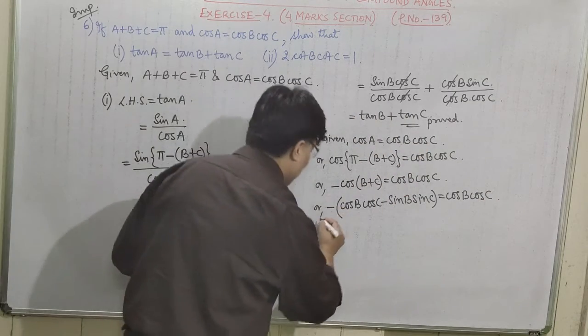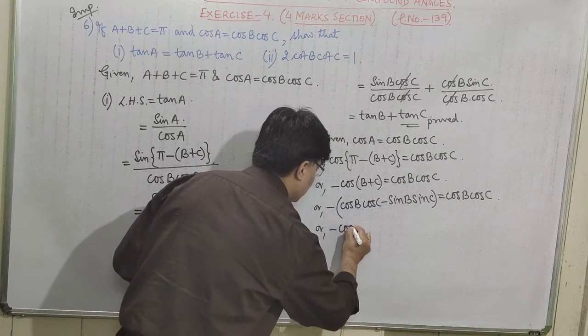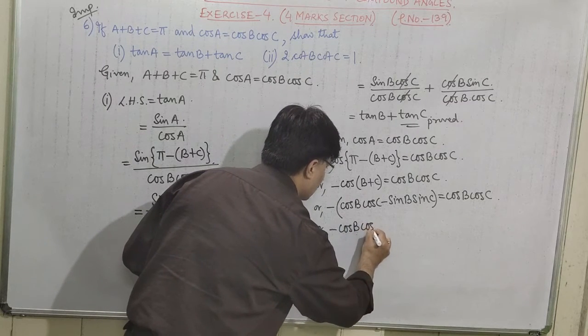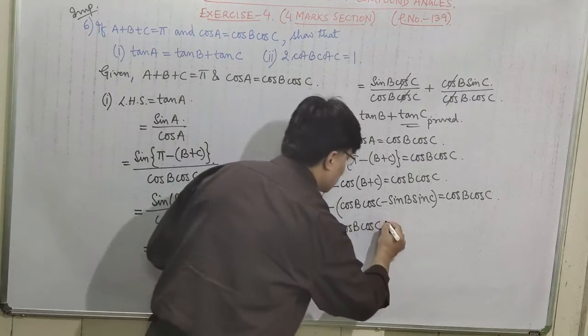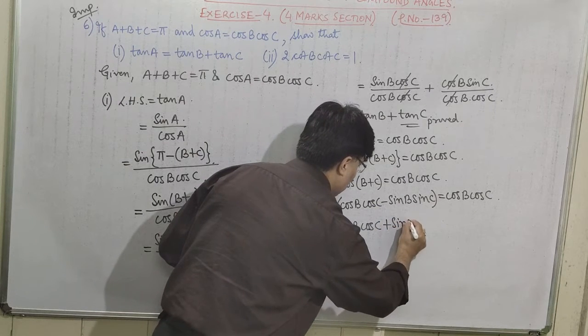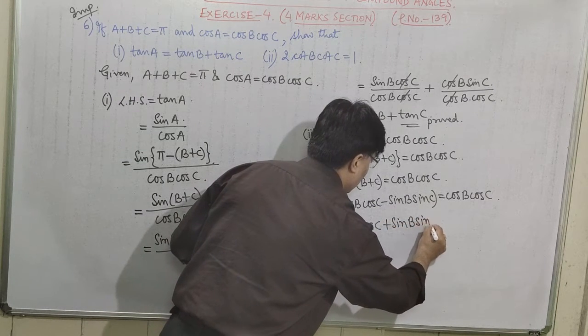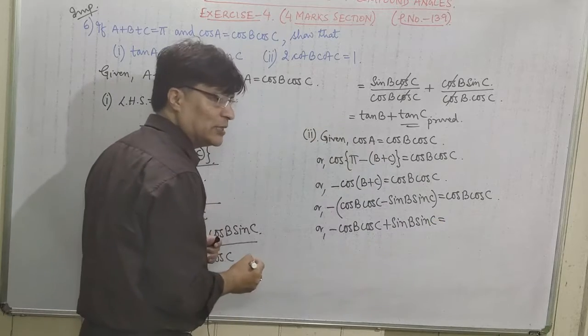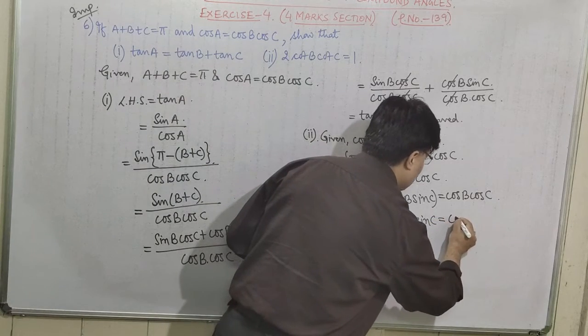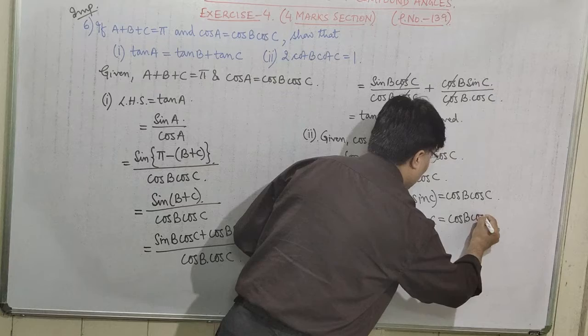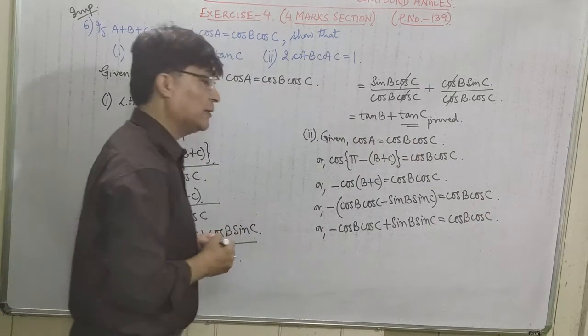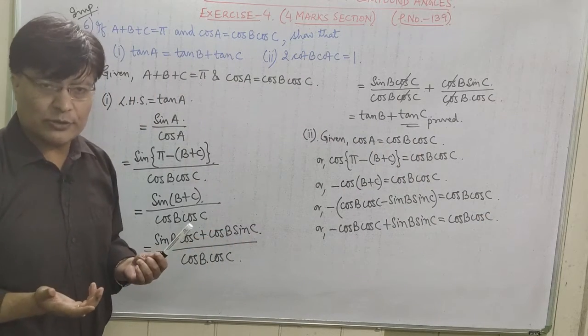Now multiply by the minus sign here: minus cos B cos C, minus into minus plus, it is sin B sin C is equal to, on the right hand side, cos B cos C. So I think you have understood it.